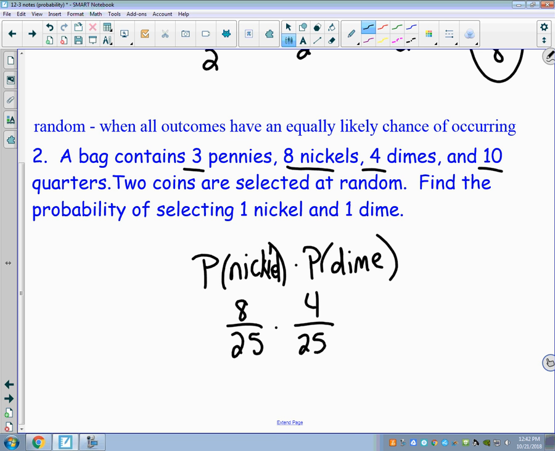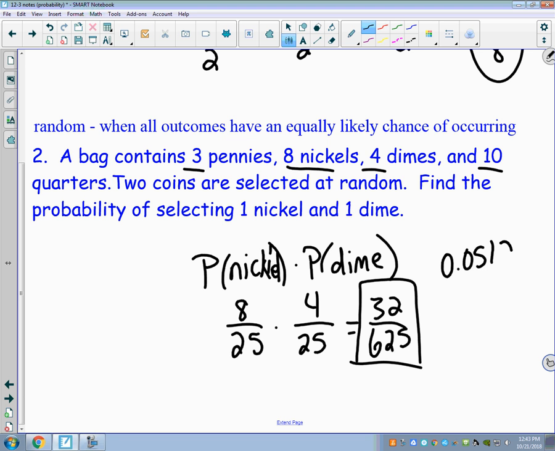And how many dimes are there? There are 4 dimes, still out of 25 coins. So find the probability of selecting 1 nickel and 1 dime. I don't think anything's going to reduce here, right? And so you can write the probability as a fraction, which would be 32 over 625.